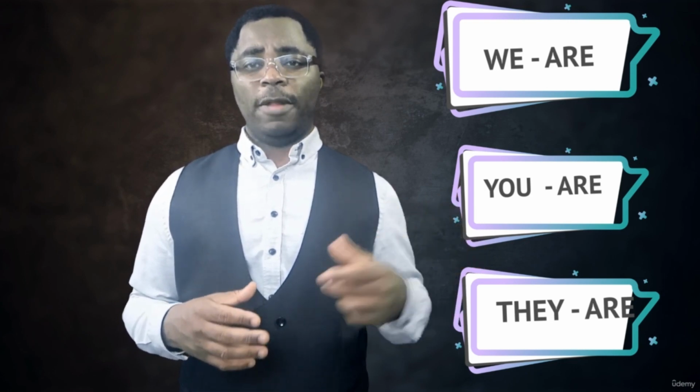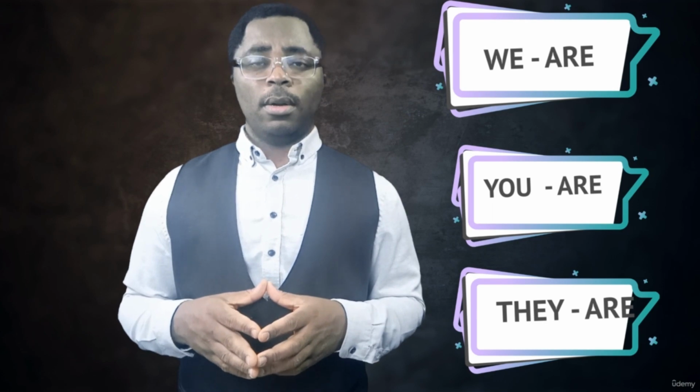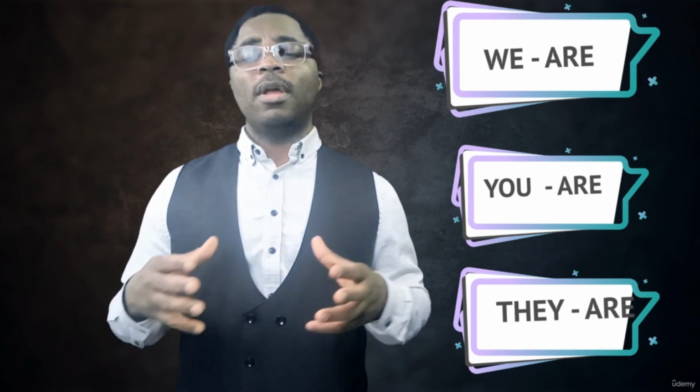Now, moving on to the plural pronouns, which we are obligated to use are. Now, we have the pronouns we, you, they. We are. This is the plural first person pronoun form.